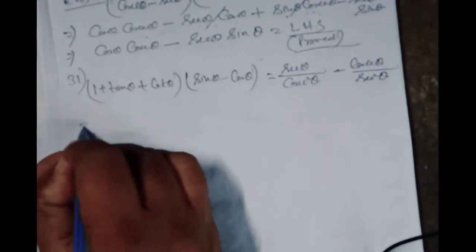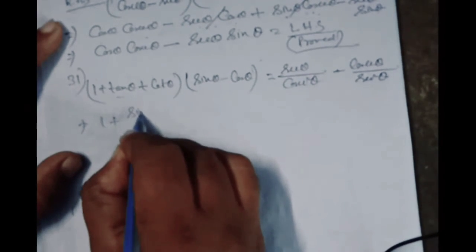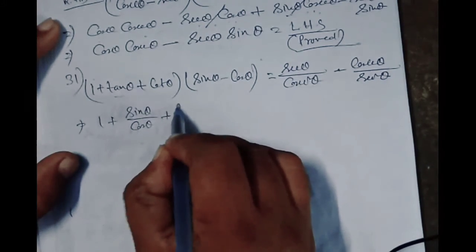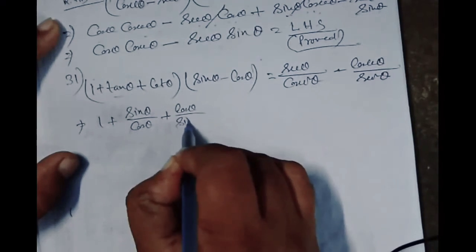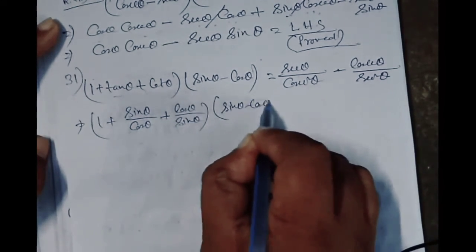Now this can be written as 1 plus, tan theta means sin theta by cos theta, plus cot theta means cos theta by sin theta. This is into (sin theta minus cos theta).